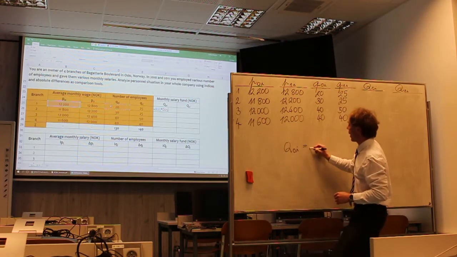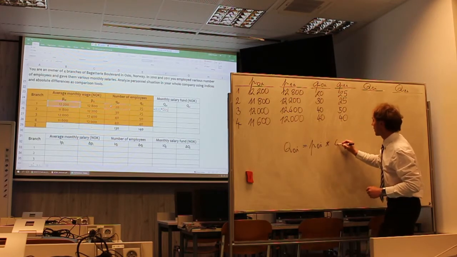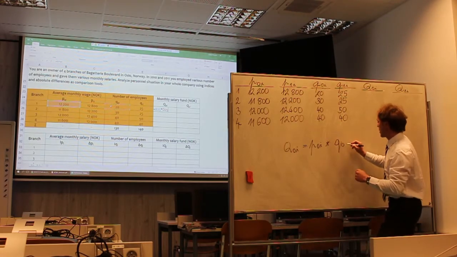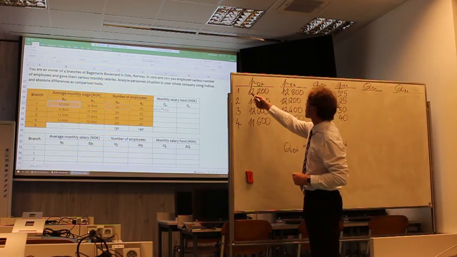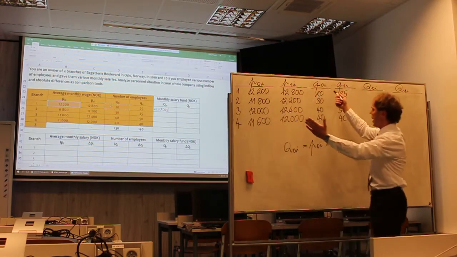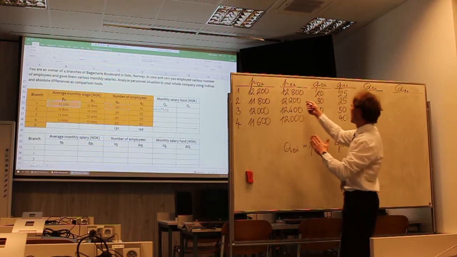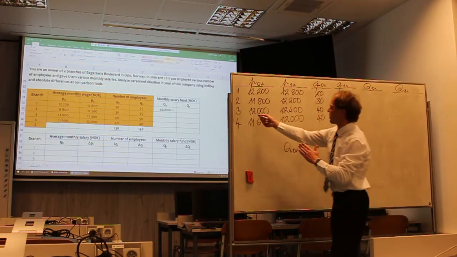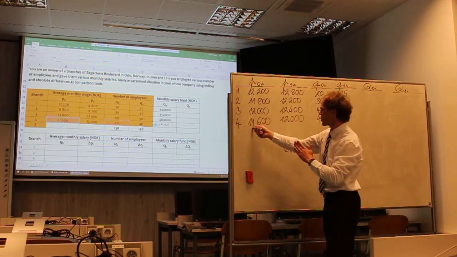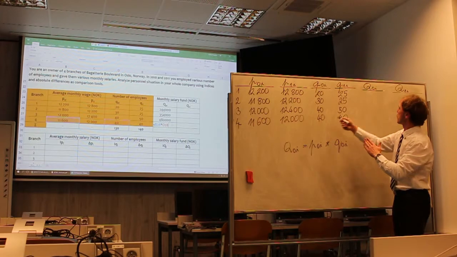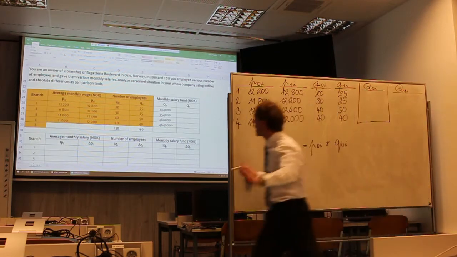Q0 is calculated like price 0 multiplied by quantity 0. So we can calculate 12,200 times 20, 11,800 times 30, 12,000 times 40, 11,600 times 40, and results will be here.